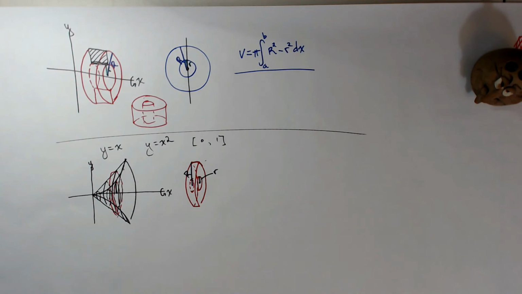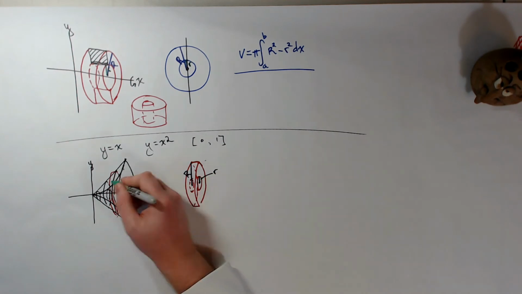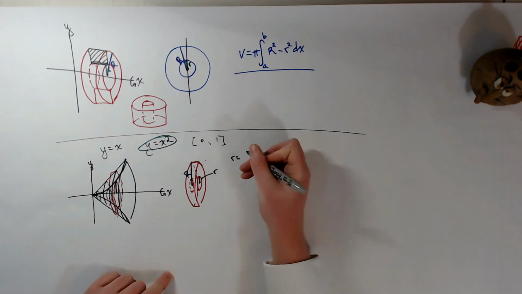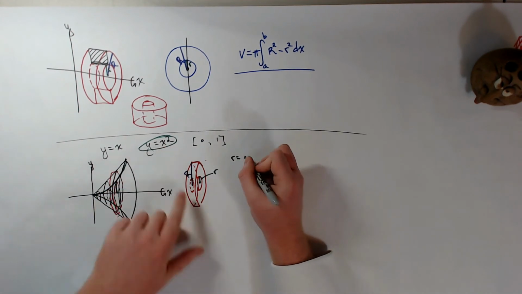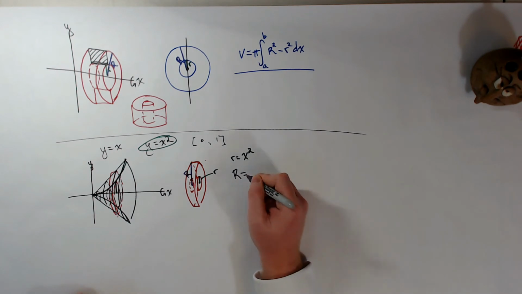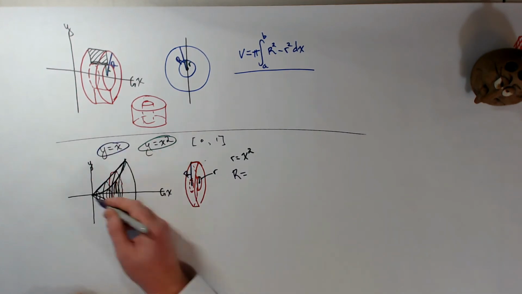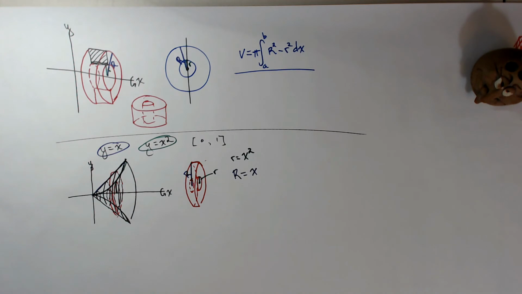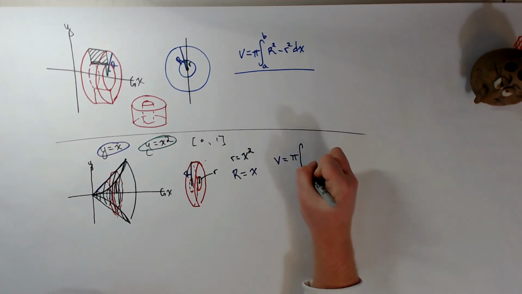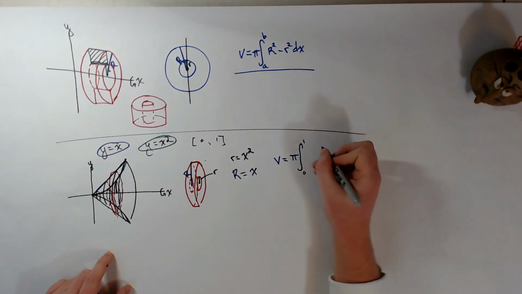My small radius is the distance from the x-axis to the inner part of this disk, which is going to be the smaller of the two functions, the function that's closest to the axis of rotation, and in this case it's x squared. And the large radius, again, from the axis of rotation up to the outermost edge of the disk, in this case is going to be the function y equals x.